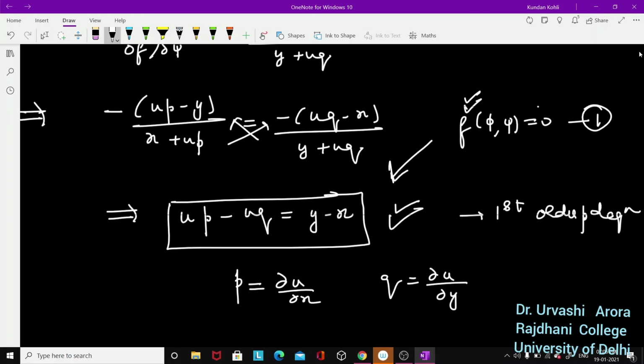What were the steps? You differentiated 1 with respect to x partially, then with respect to y partially. You got two relations, and from these two relations you eliminated the two unknowns, del f by del phi and del f by del psi.